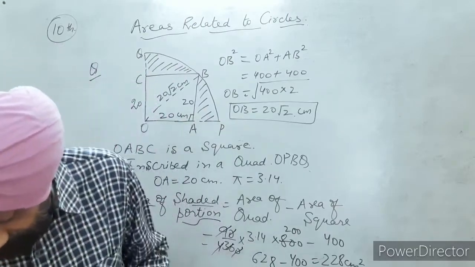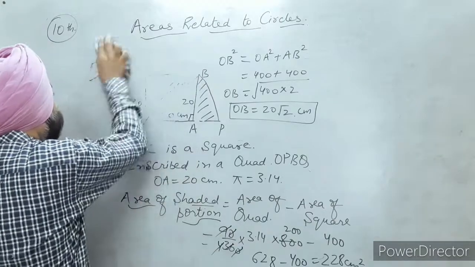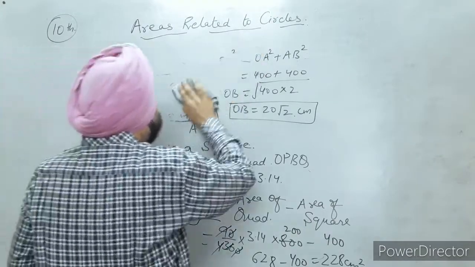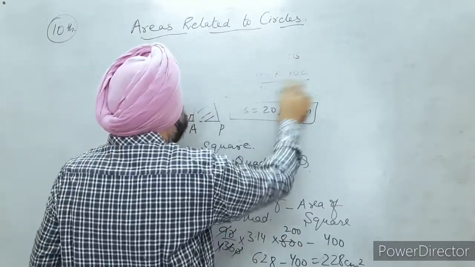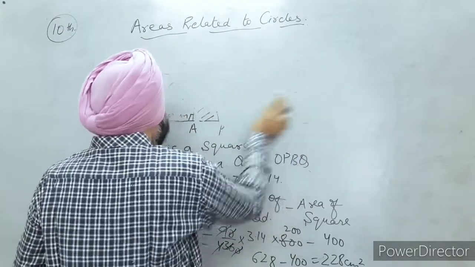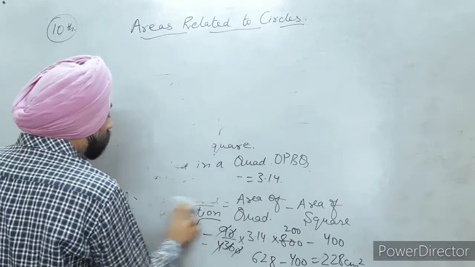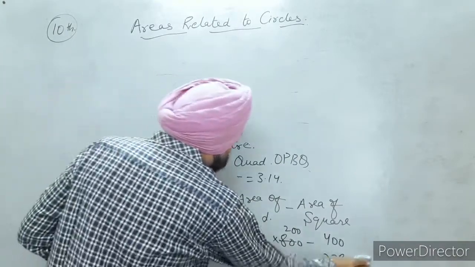Now the second question of today's lecture is a combination of plane figures like a quadrant, a semicircle, a square inscribed in a semicircle.